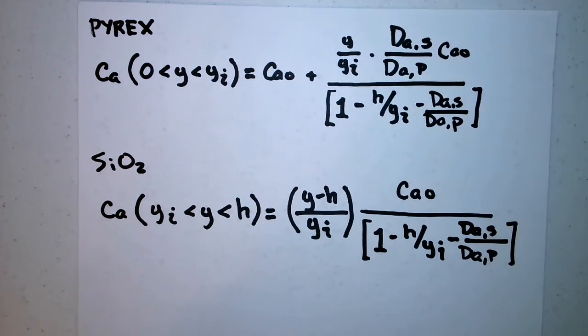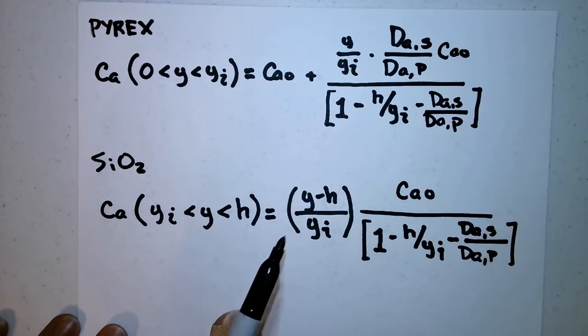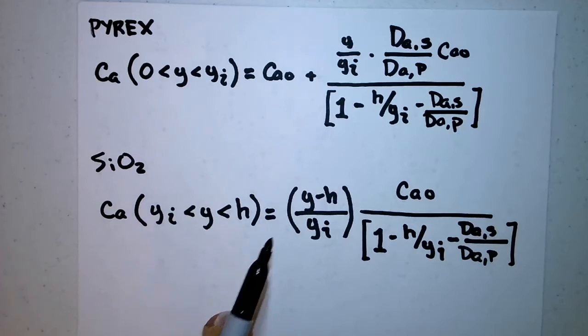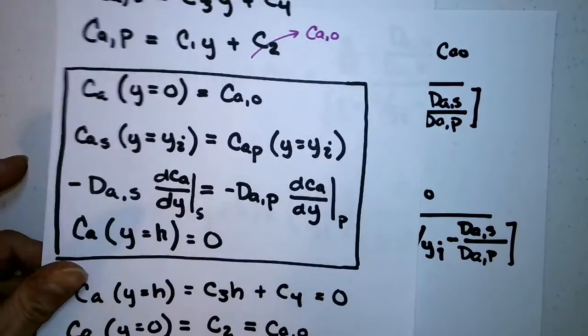All right, so those are the two functions we ended up with. And I told you it might be a little easier to find the flux with a resistance network. And I think that I have proven my point. But we need to do one final thing before we finish this solution, and that is to check and make sure that these functions satisfy the original boundary conditions that we specified.